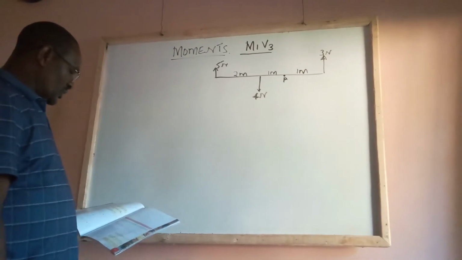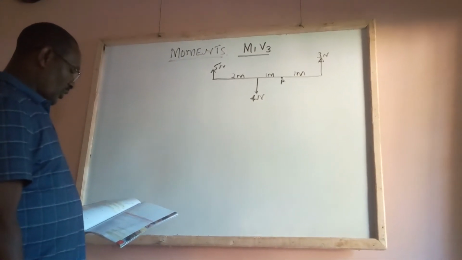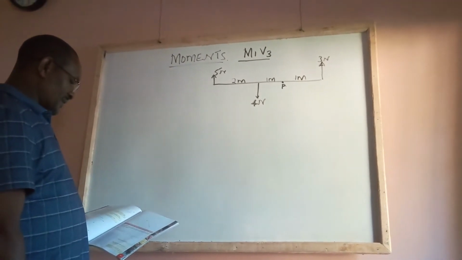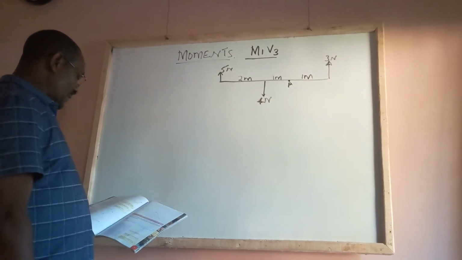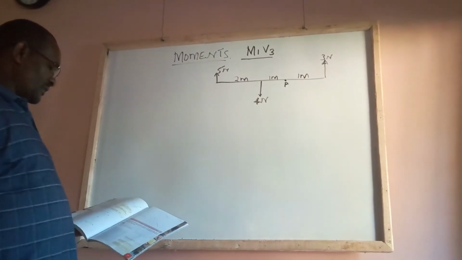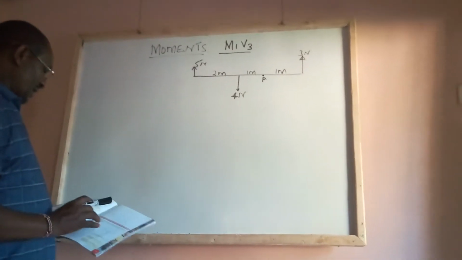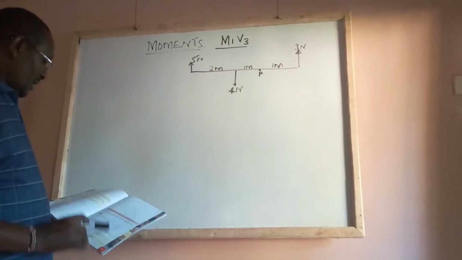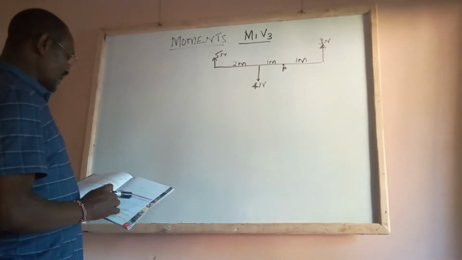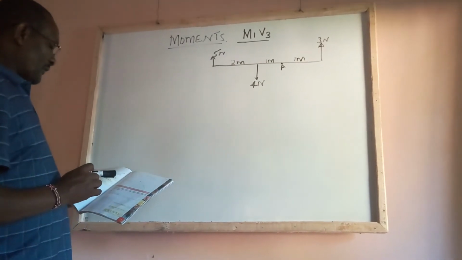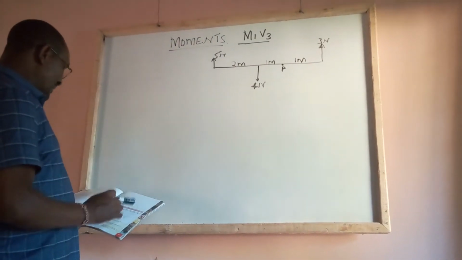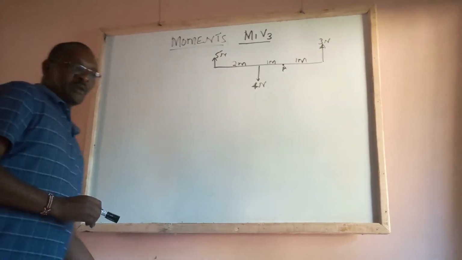You need to choose a positive direction, clockwise or anti-clockwise, and consider the sense of rotation of each force. But the key thing is, you can have several coplanar forces acting on a body, and of course, we can add the moments about a point.